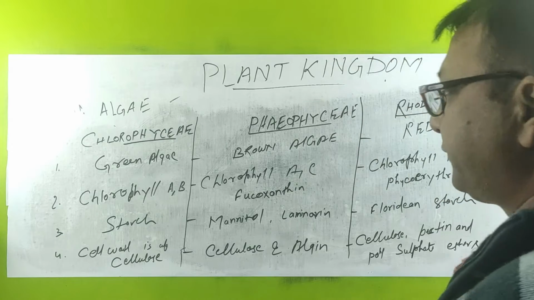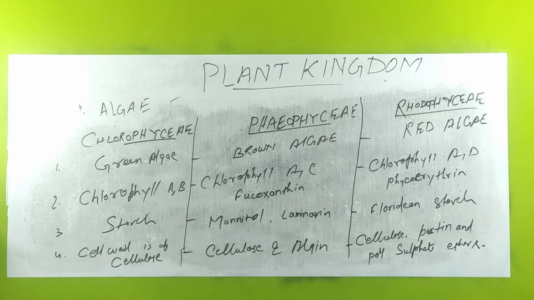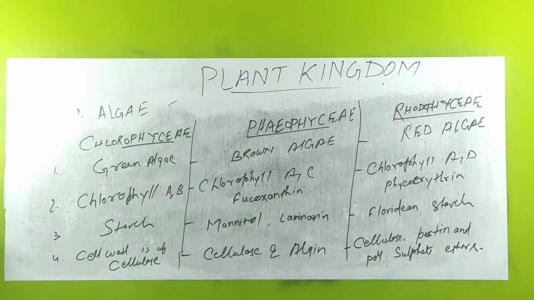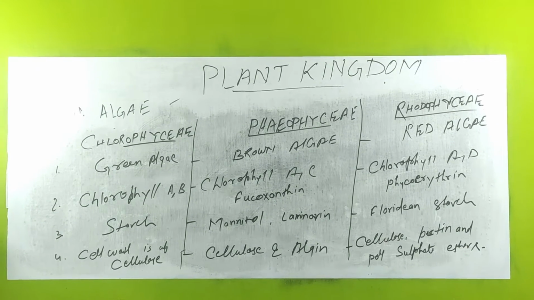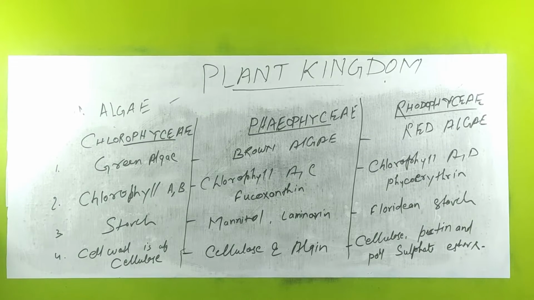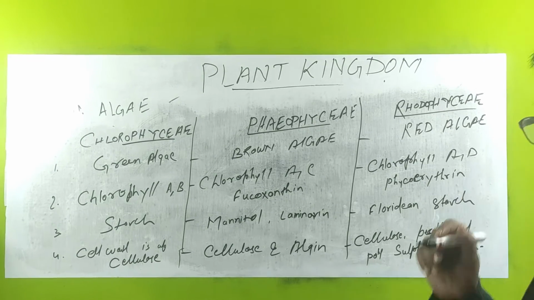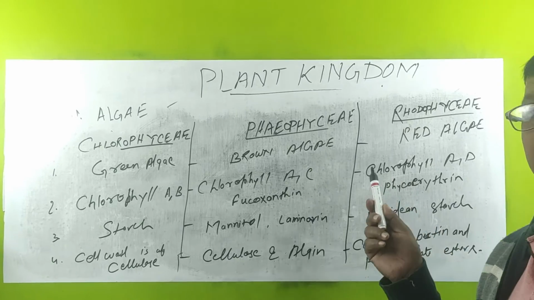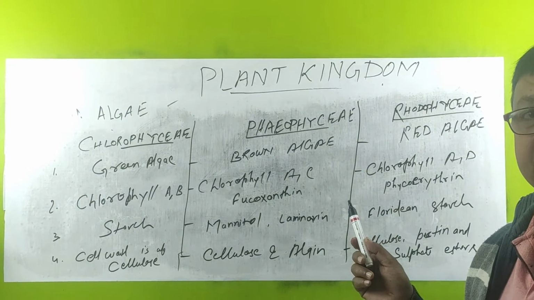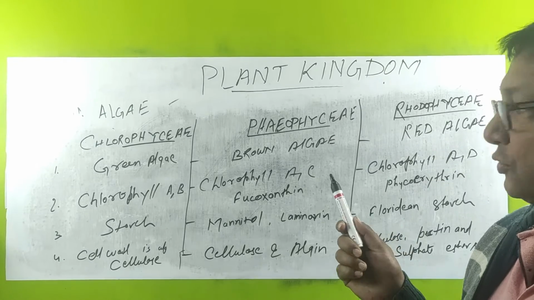So here we find all the types of algae: Chlorophyceae, that is green algae, Phaeophyceae, that is brown algae, and Rhodophyceae, that is red algae. So all the three types of algae we can differentiate separately.